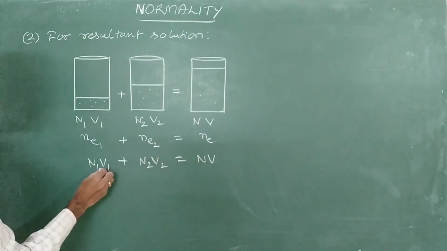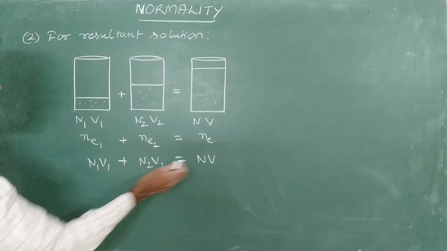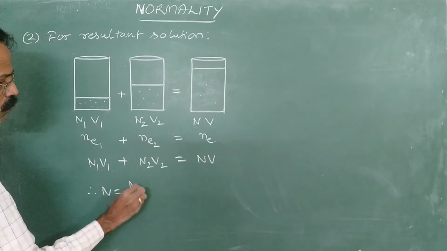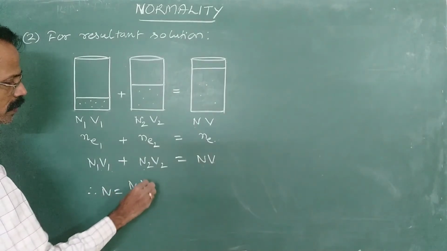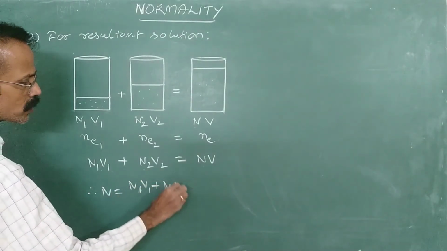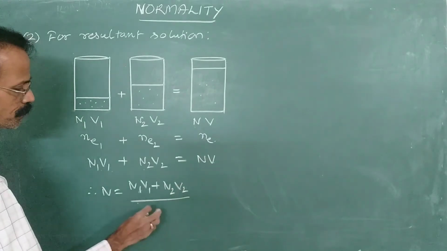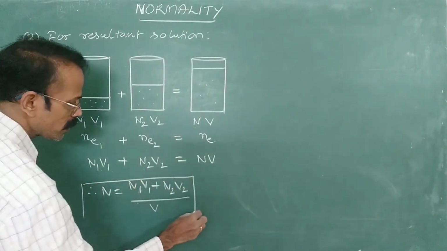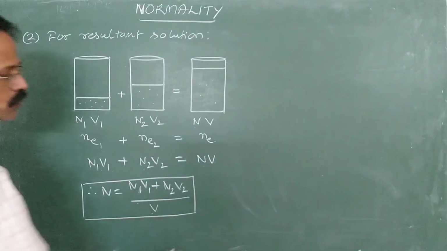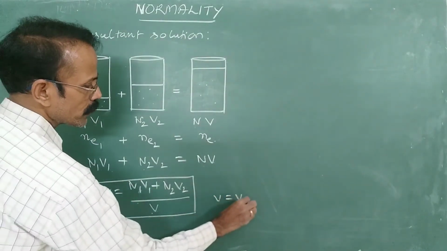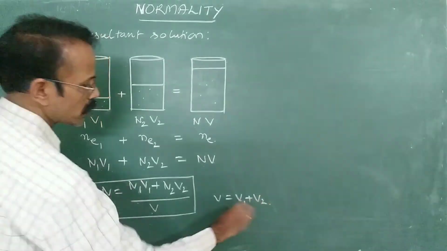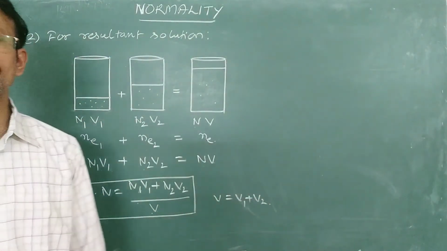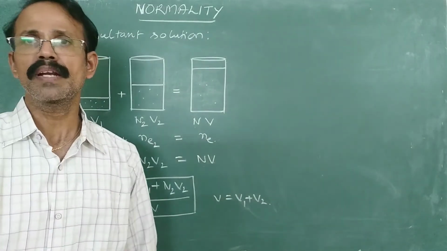Normality is equal to N1V1 plus N2V2 by V. Therefore normality of the resulting solution is given by N1V1 plus N2V2 divided by V, where V is equal to V1 plus V2, that is the total volume. This is how normality of resulting solution can be calculated.